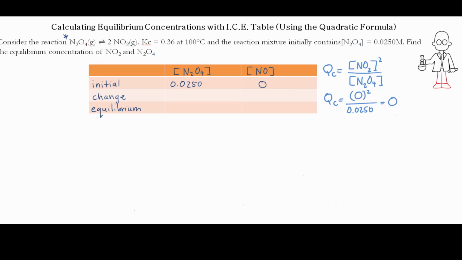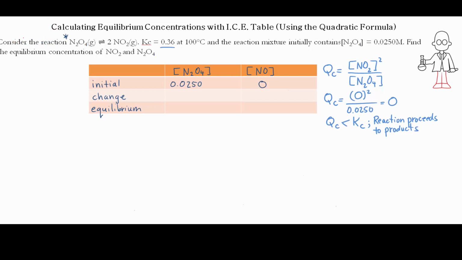So in the QC to KC comparison, we can say that QC is less than KC, this value here, and the reaction proceeds to products. Now we have to make that assertion between KC and QC because we need to know which direction the reaction will proceed.